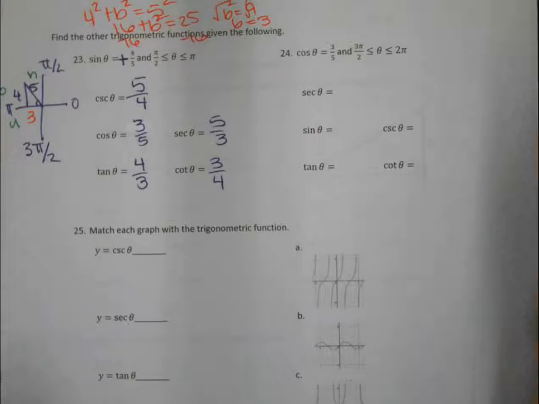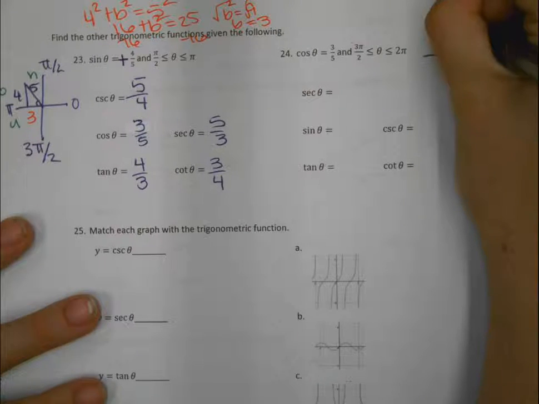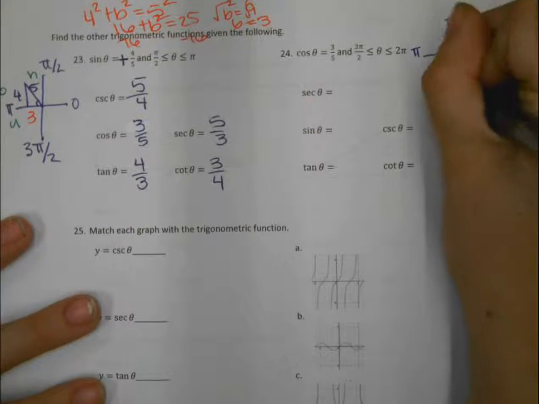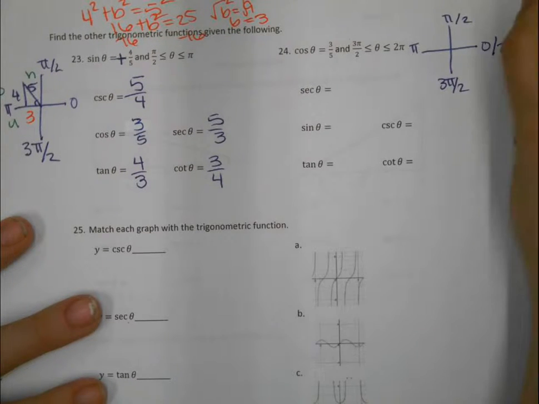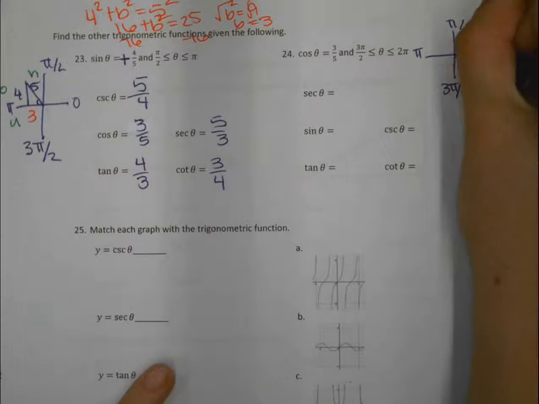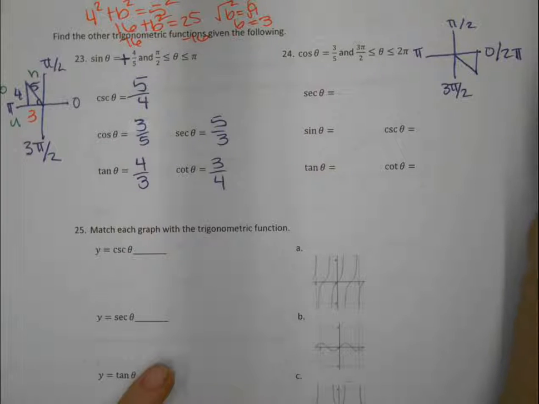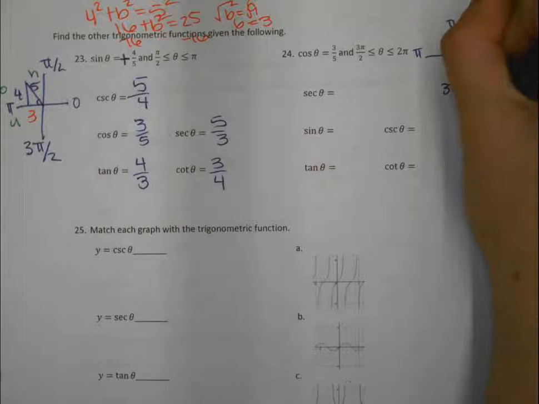Same thing with the next one. I'm gonna go draw this, and hopefully I got my signs right on this one. 0, pi halves, pi, 3 pi halves, 2 pi. This one's in between 3 pi halves and 2 pi, so right here. And cosine is positive, because this one is adjacent over hypotenuse, so I have 3 and 5.